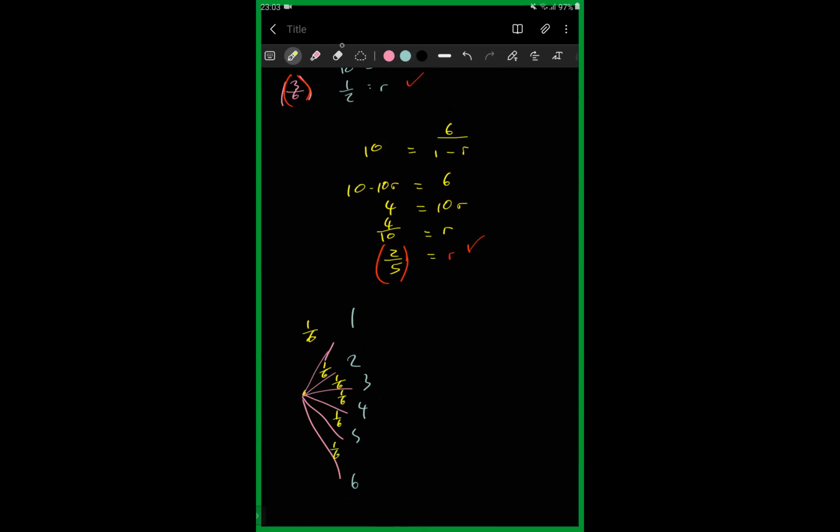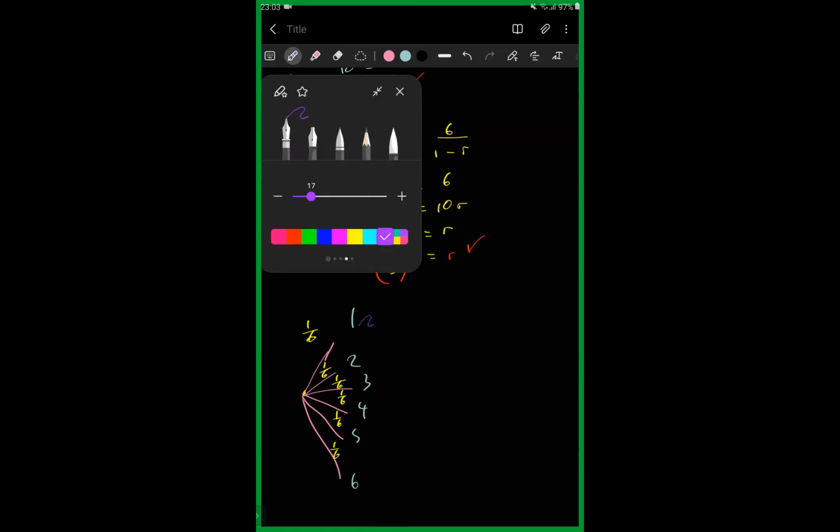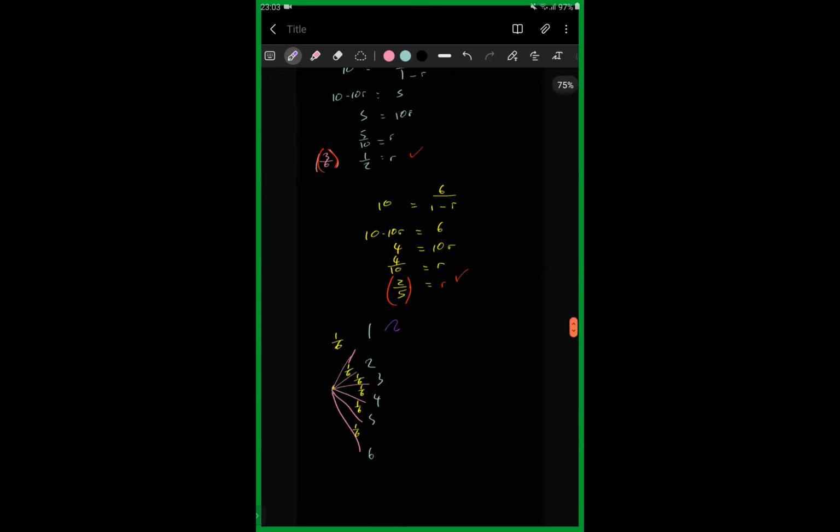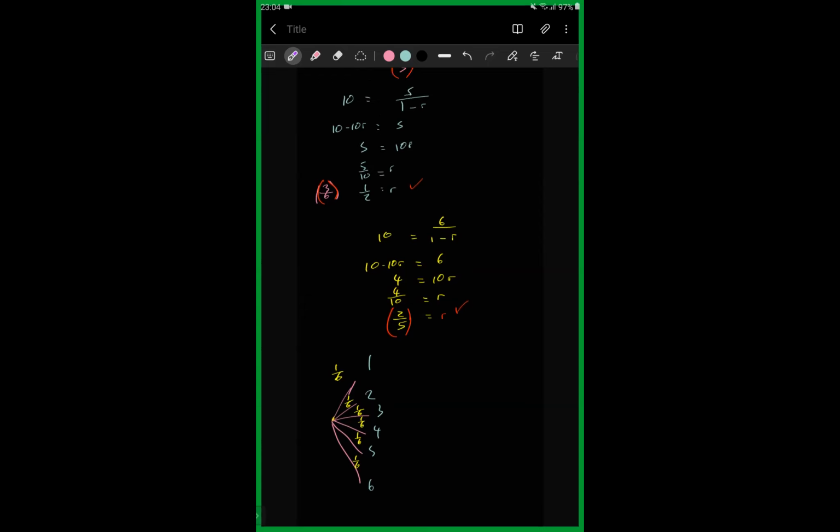After getting a specific value for A, your common ratio is, as we said, determined by the blue die.